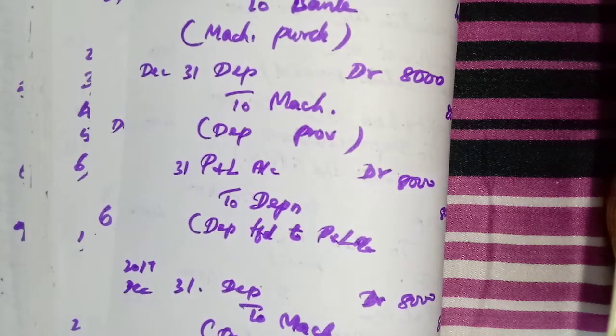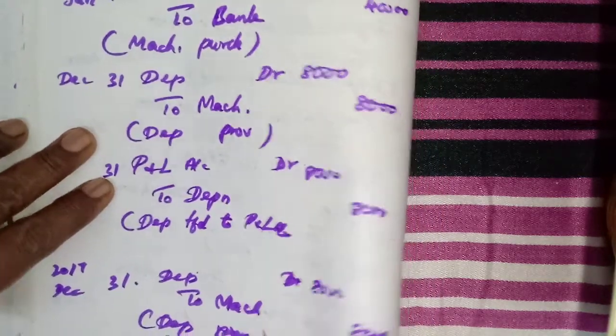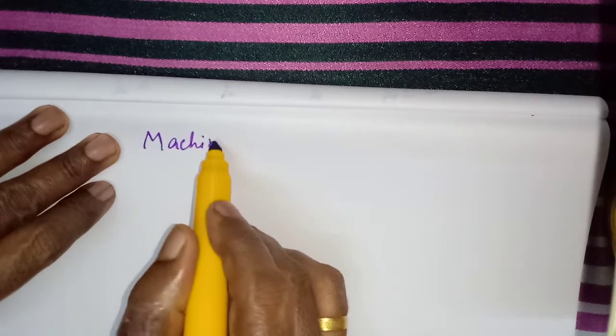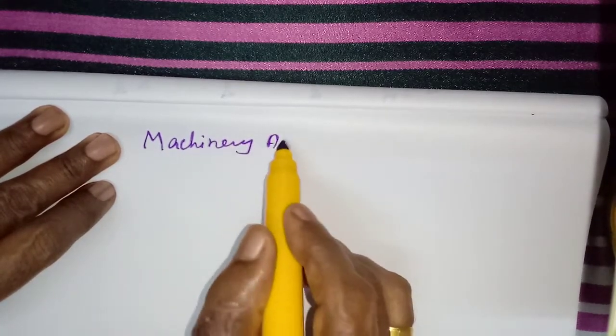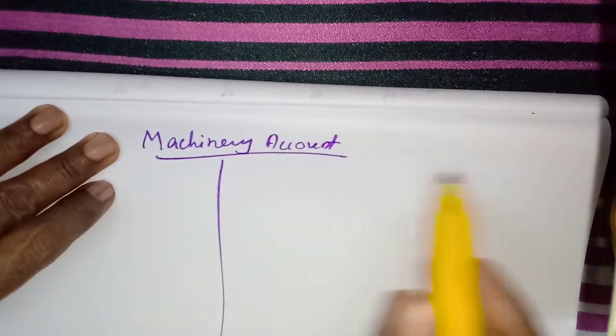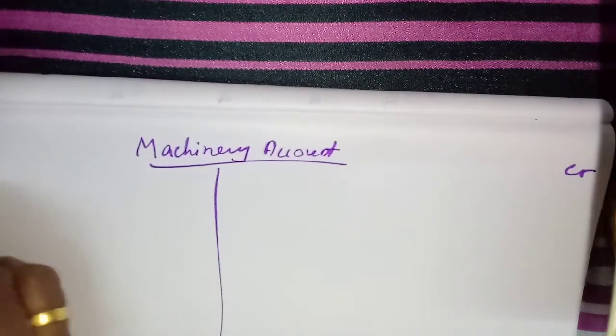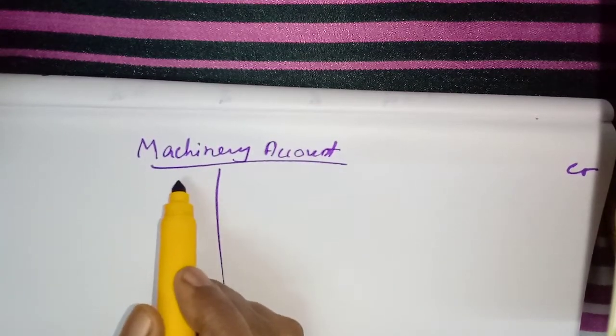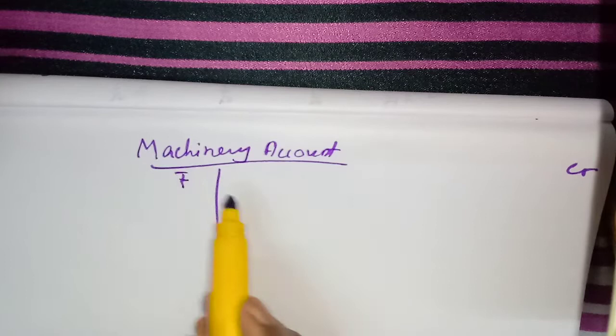Prepare machinery account. So the third step, we need to prepare the machinery account. See, the machinery account, how to prepare. Take 2 pages. This is the right side, creditor. Here, debtor. Then particulars, everything you write. Here, rupees.